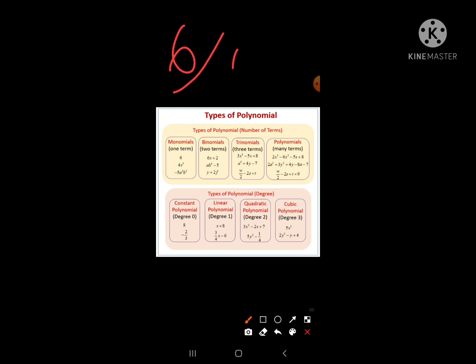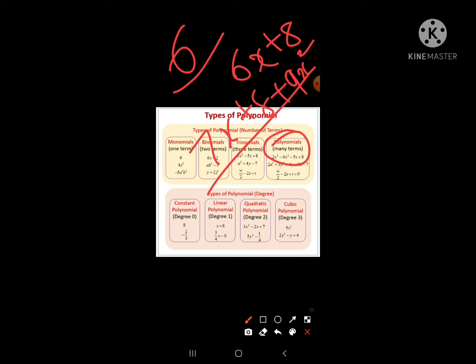Now 6x plus 8, this is a binomial. Trinomial: 7x plus 8 plus 9x square. This is a trinomial. Polynomial is, for example, 7x square plus 3x plus 2x plus 8. This is a polynomial having more than three terms.